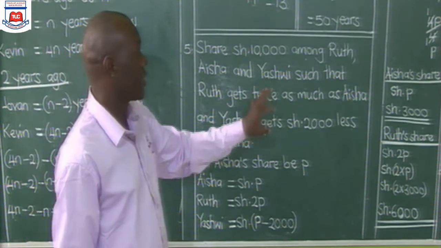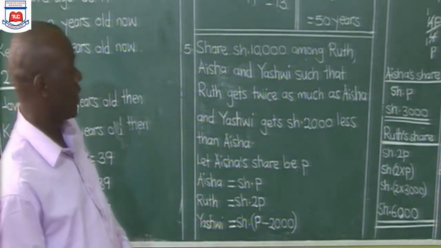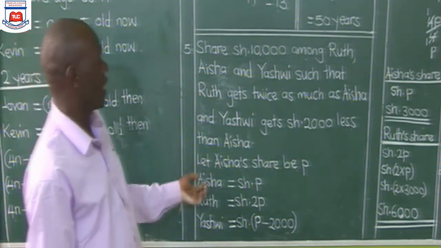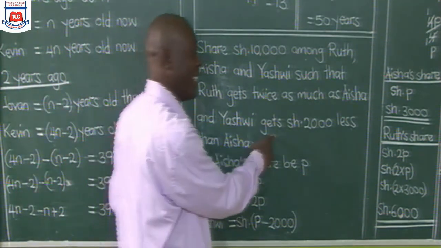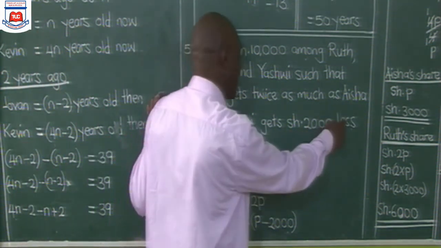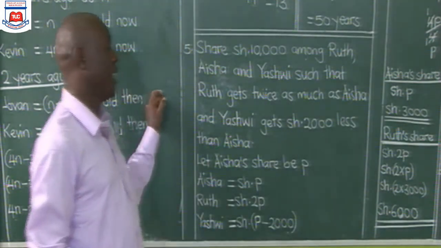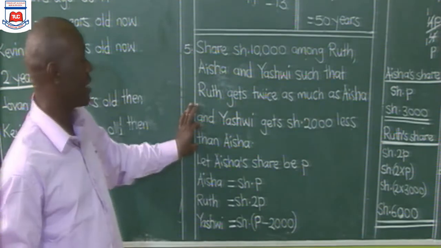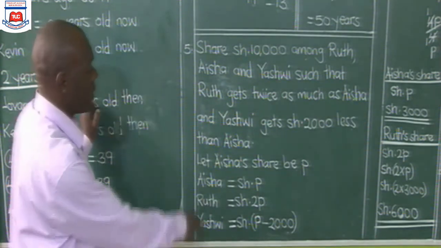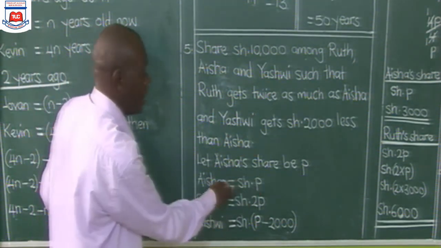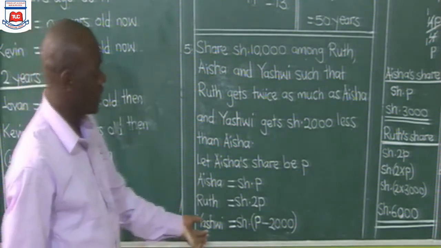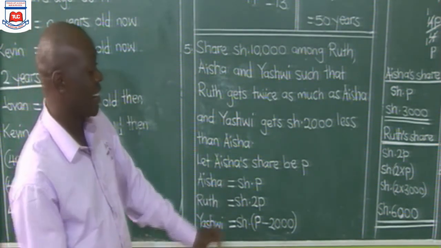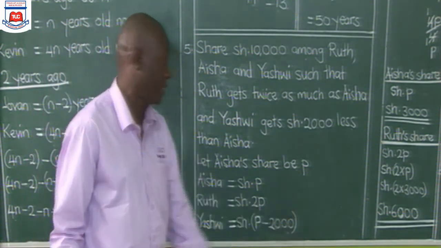Now, you read the next statement, it will definitely compare to one that's already formed here. And Yasri gets 2,000 shillings less than Aisha. Remember, Aisha has already got P. Then to get Yasri's share, get Aisha's share and lessen by 2,000 shillings.